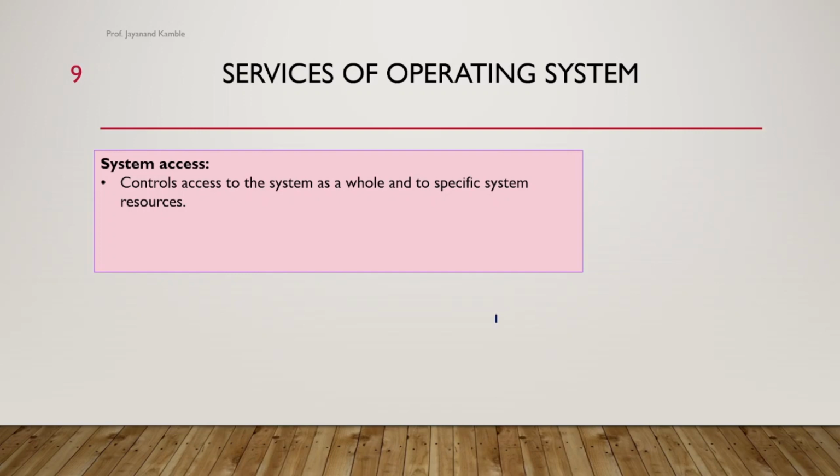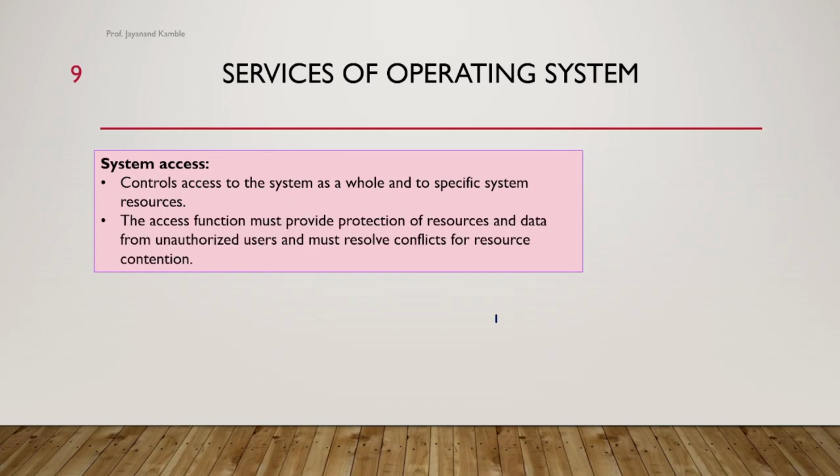Here we control access to the system as a whole and to specific system resources. Sometimes we create a student account or a guest account which is not able to install or uninstall software. So we are controlling access to the system. The access function must provide protection of resources and data from unauthorized users and must resolve conflicts for resource contention.